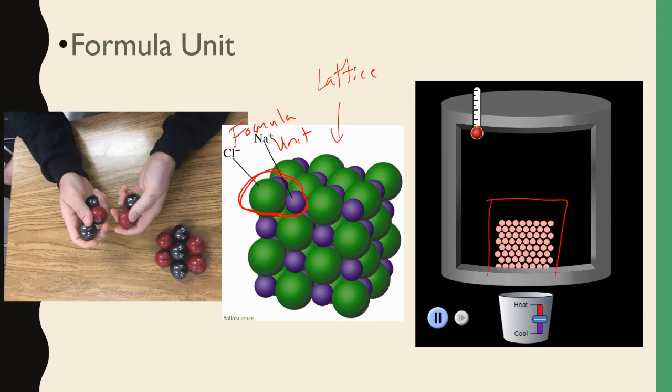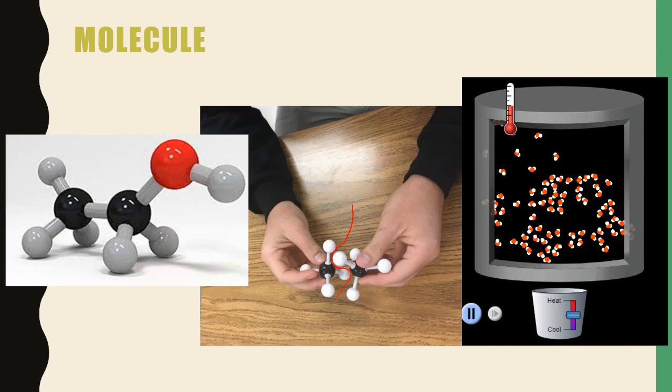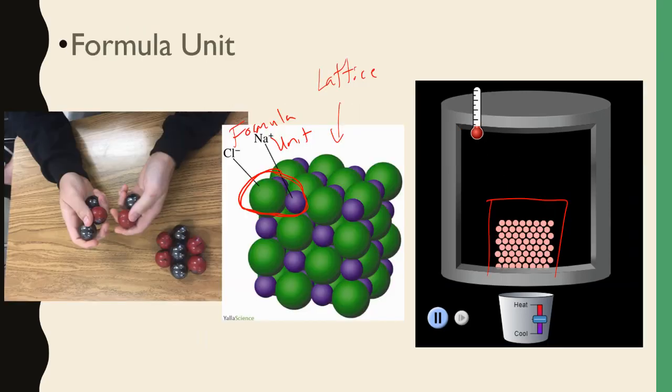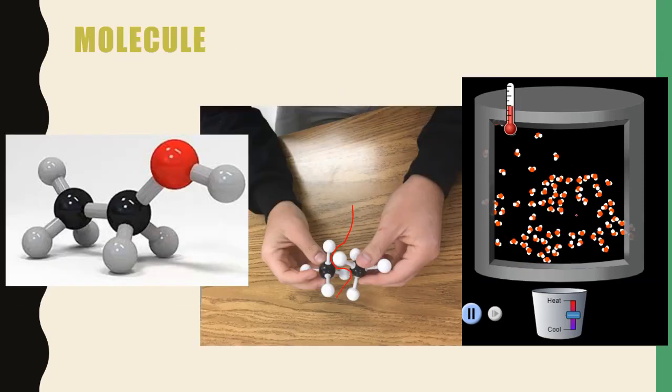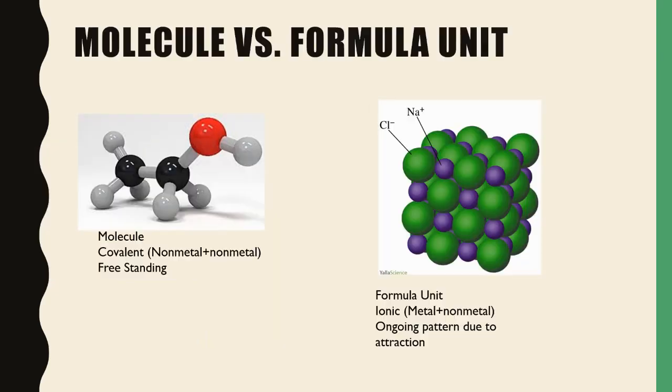Of course, that wasn't a formula unit there, but it would be like that as a solid, and the solid water would not necessarily be bonded together. They would just be attracted to one another in a solid. But anyway, the point being here, you have a beginning, you have an end, right? Each of these is its own thing, and we call that a molecule, but still it's an atomic scale.